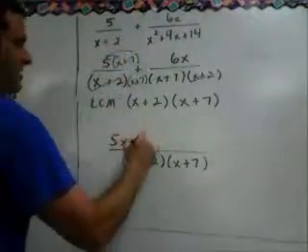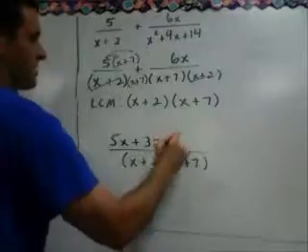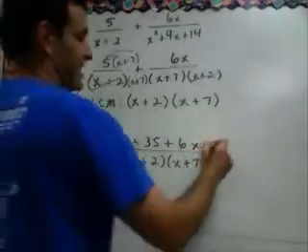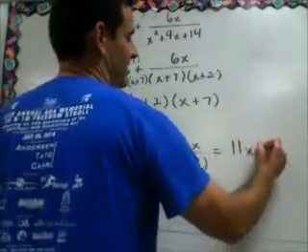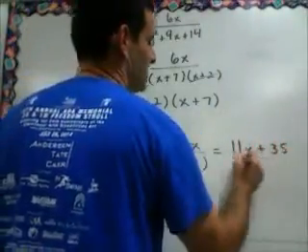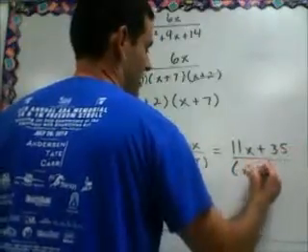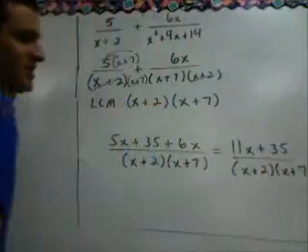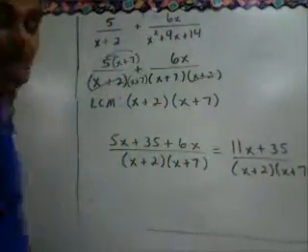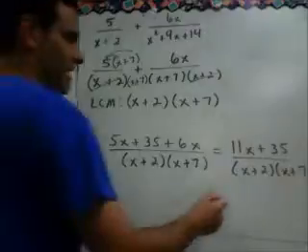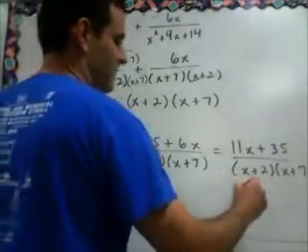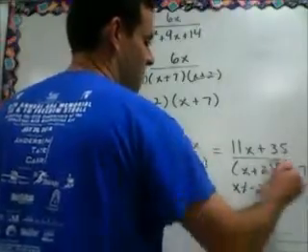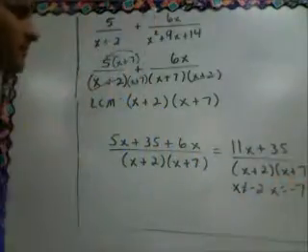It's 5x plus 35 plus 6x. 5x plus 6x is 11x plus 35 over my denominator. Again, my denominator, I typically just leave it and not multiply it out or anything. And for this problem, we will mention that my excluded values are -2 and -7. Remember, my denominator can never equal 0 here.